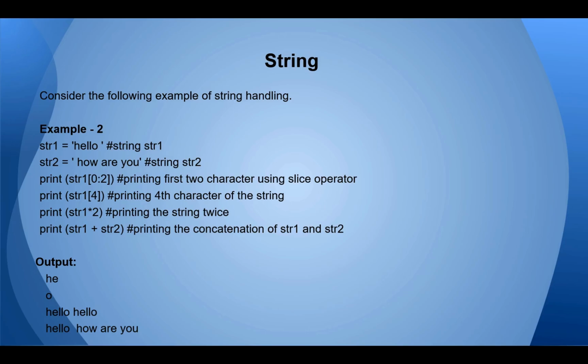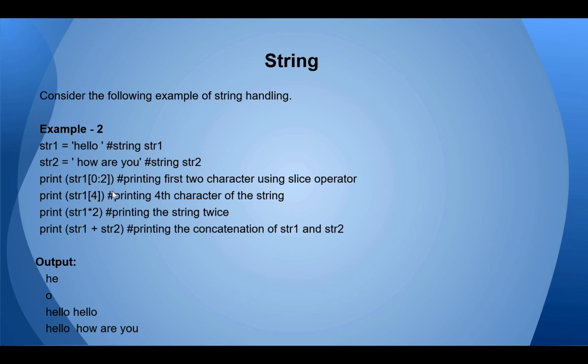The slicing operator is displayed by this colon sign, and it is used whenever you have to slice or divide your string into small parts. Now you can see here I have written print str1 and then square brackets 0 colon 2.